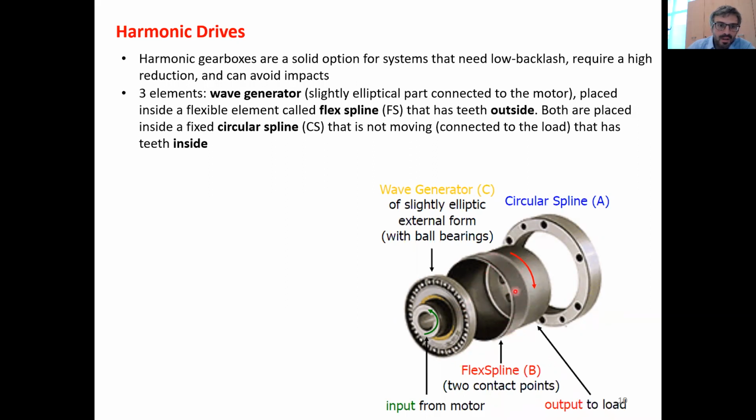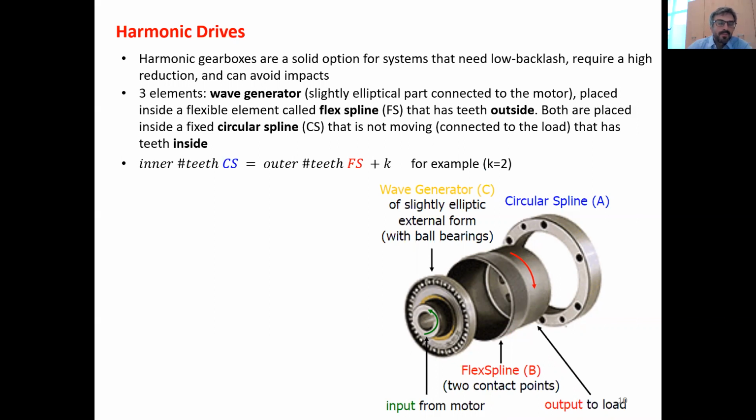And this flexible spline is placed in another part that is called circular spline, which is a rigid element with another set of teeth. And the circular spline is connected to the load. So the circular spline has the teeth inside, while the flexible spline has the teeth outside.